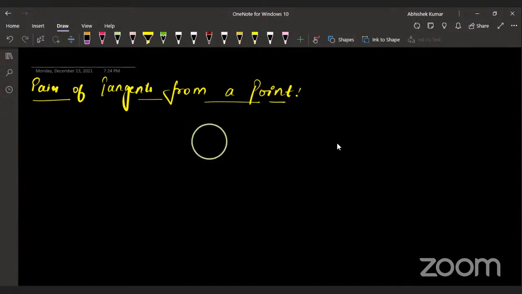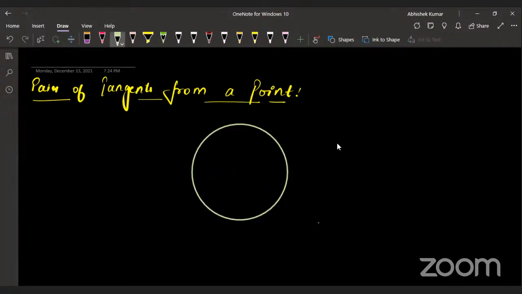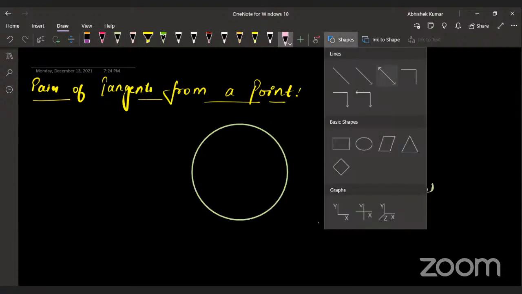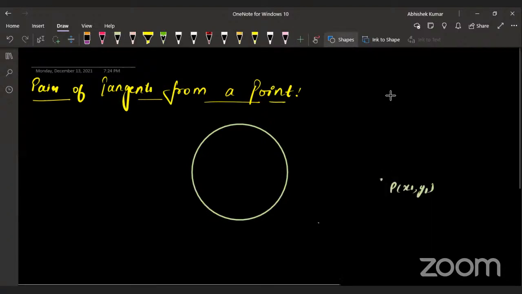Okay? You have a circle, all right? And you have a point externally somewhere, and you can assume that point to have coordinates x1, y1, or any other point. Okay, let's say x1 y1, and there are two tangents being drawn from that point to the circle.